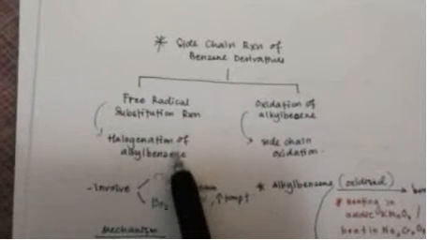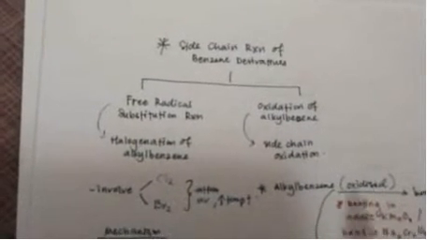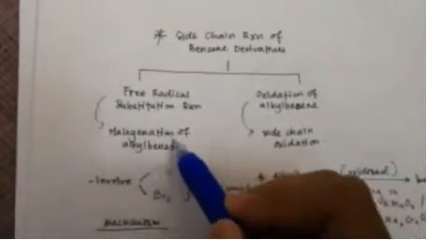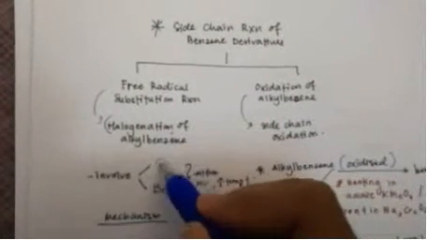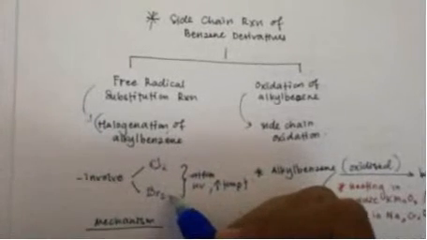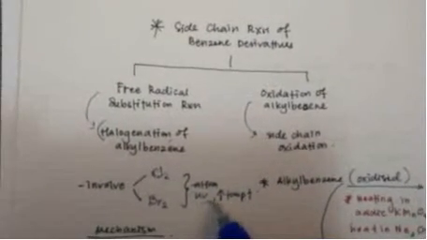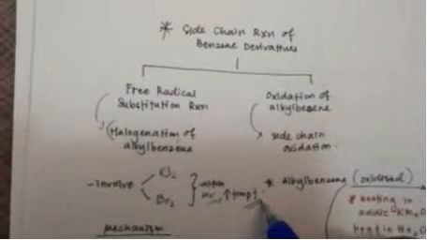In the halogenation process, which we learned from the previous lessons, it involves chlorine and bromine in the presence of ultraviolet rays and at a high temperature.